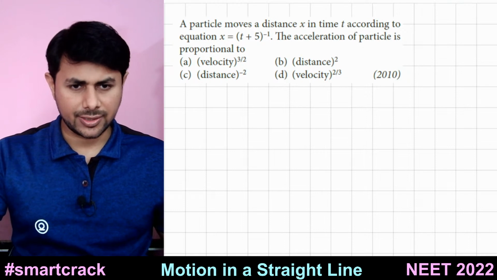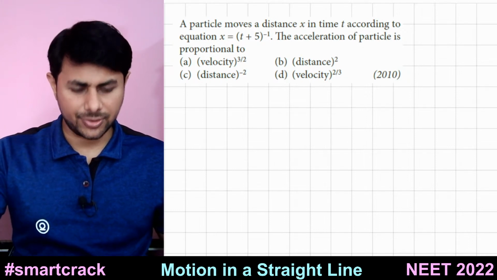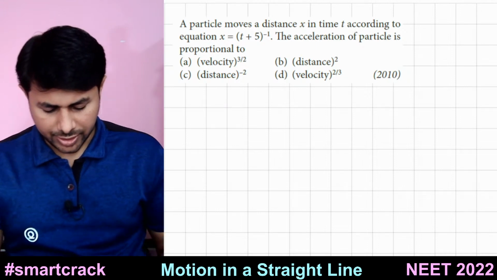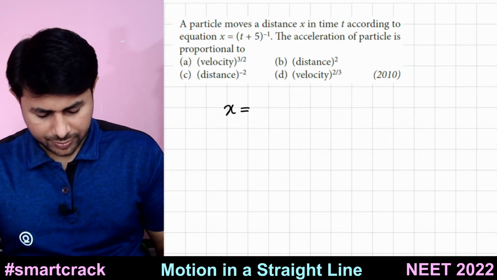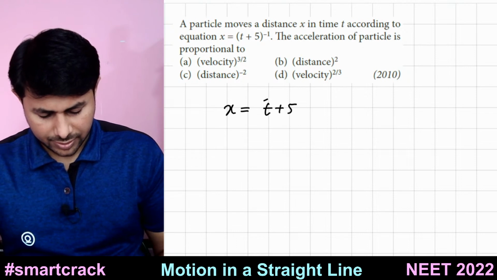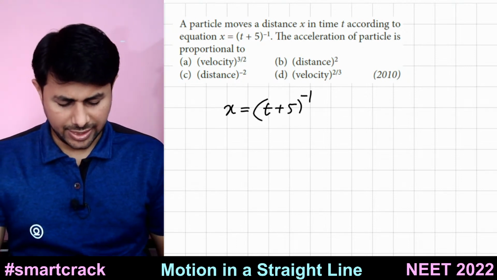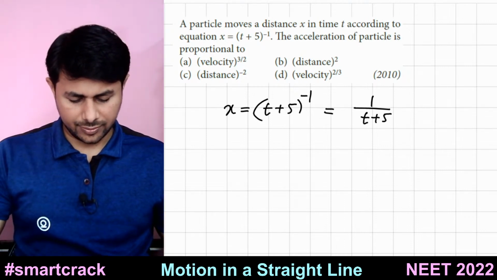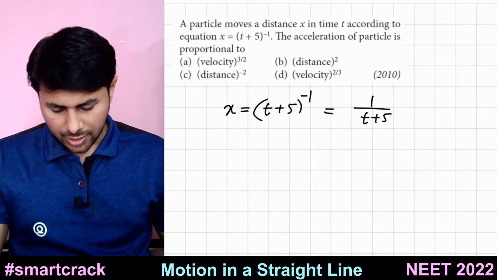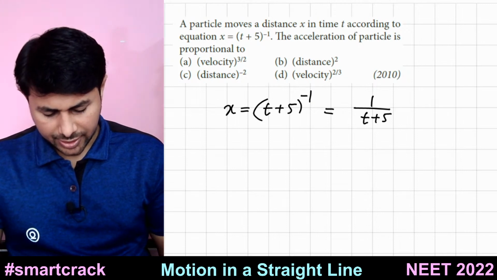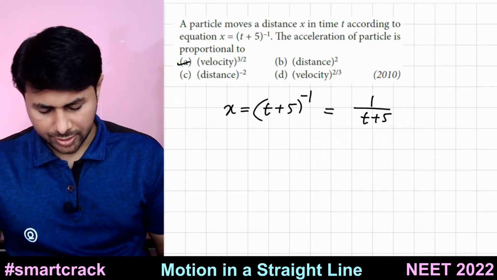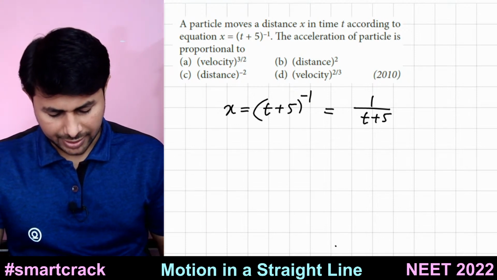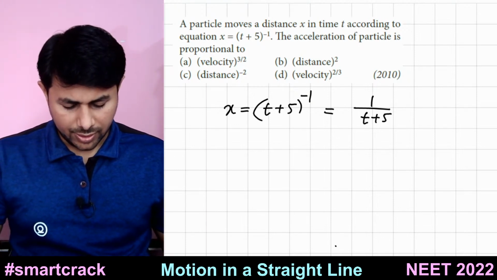So x is equal to t plus 5 raised to minus 1. This can be written as 1 upon t plus 5. The options are: acceleration is proportional to velocity to the power 3 by 2, or distance square, or distance raised to minus 2, or velocity raised to 2 by 3.